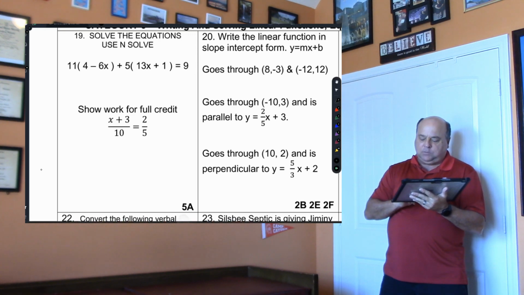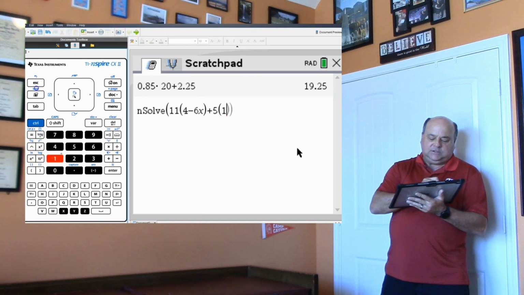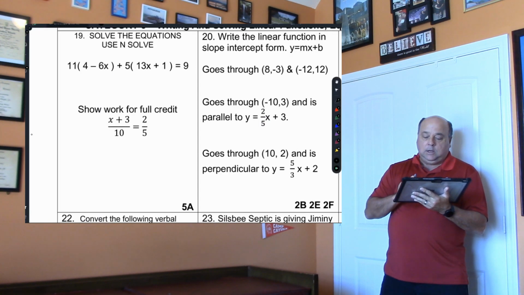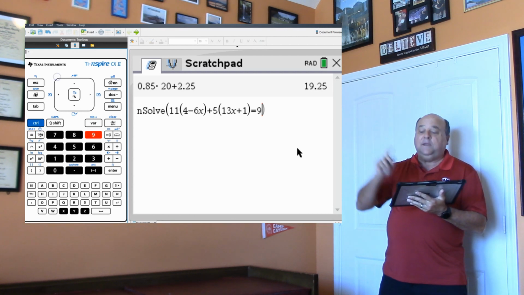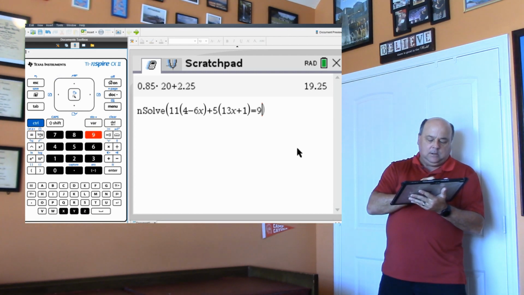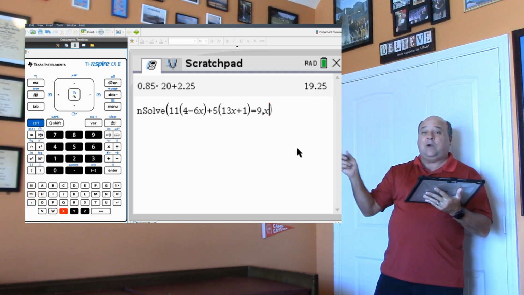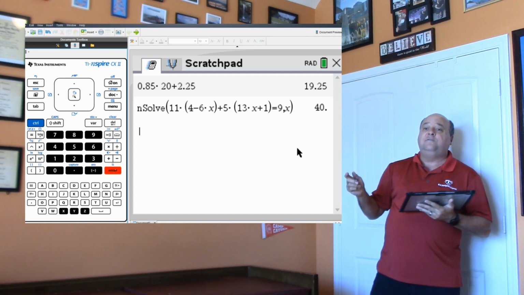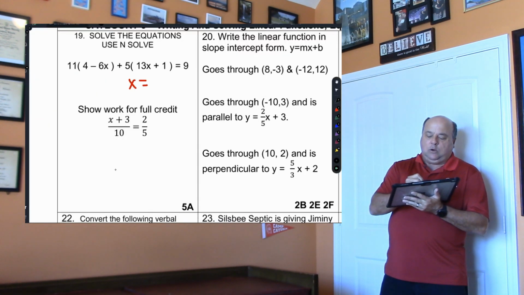Plus 5, and then parentheses, 13x plus 1, close the parentheses, equals 9. That's it. And then remember, you got to put comma x at the end. So I have my equation, make sure it's right. This is kind of hard for me because I can't see the problem. I'm going to hit enter, and I get 40. So my x is going to be 40. So this right here, x equals 40.